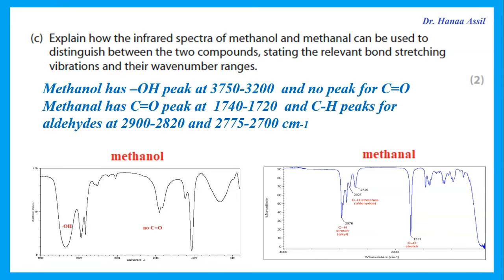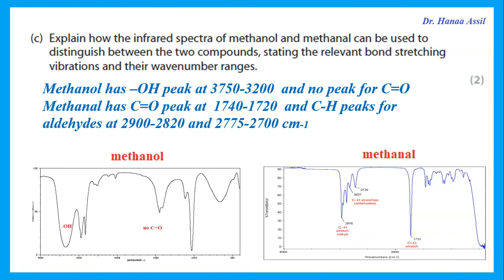So the methanol has an OH peak, and you get the exact numbers from the data booklet. The OH for an alcohol should be at around 3750 to 3200. And we have one for the methanol, but of course none for the methanal.